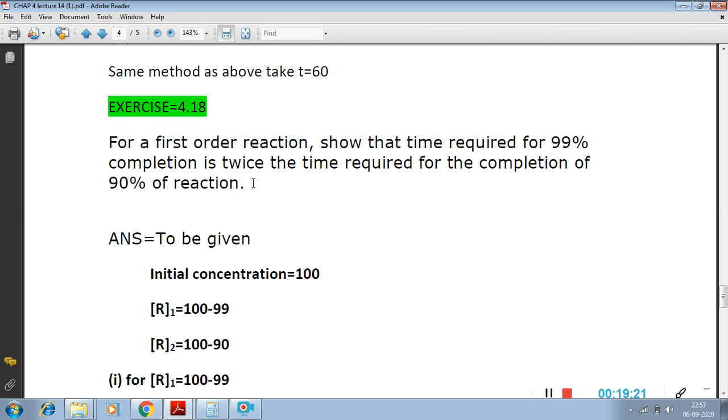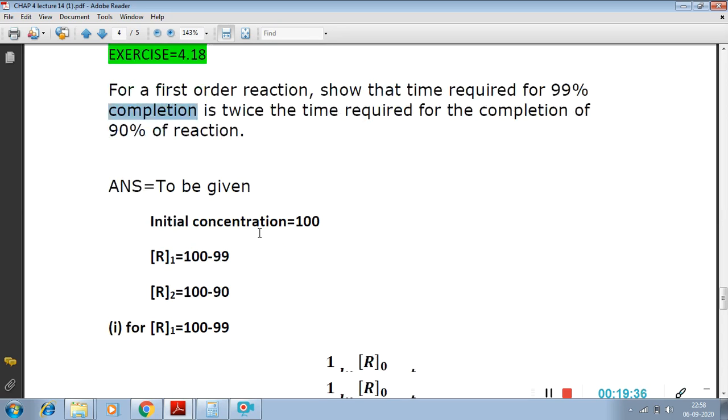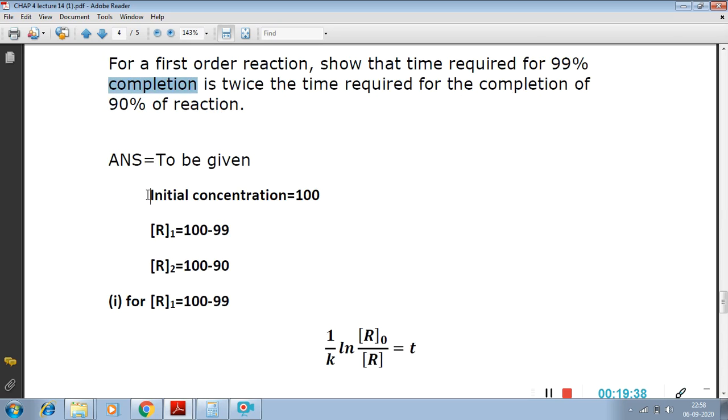So here our reaction is again a first order reaction. Now we are going to calculate the time required for 99% completion of the reaction. So suppose our initial concentration is 100. Now 99% completion is given, meaning the reaction is 99% completed.